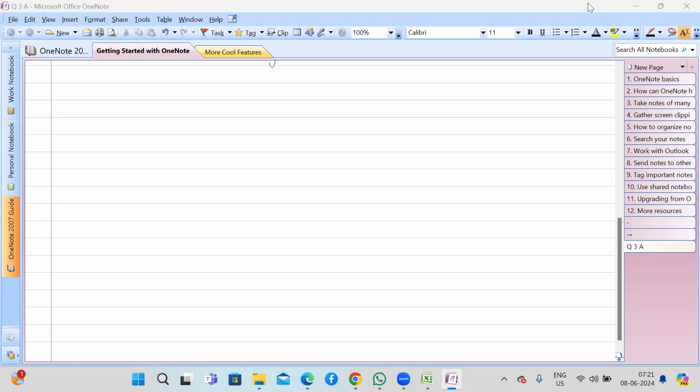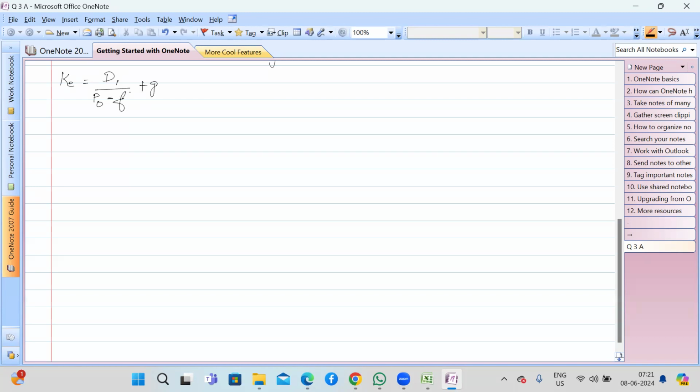How we are going to calculate KE? The formula for KE is D1, that is dividend, divided by P0 minus F, plus G.